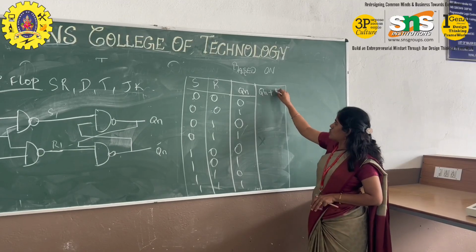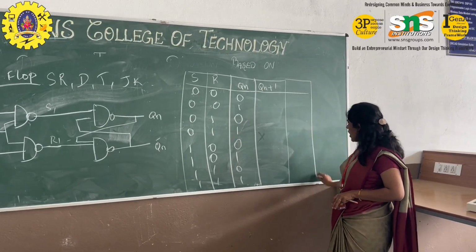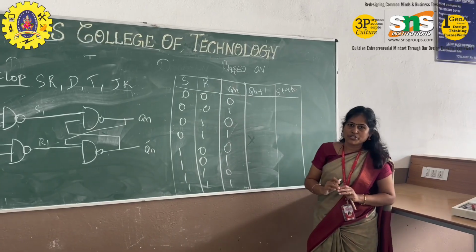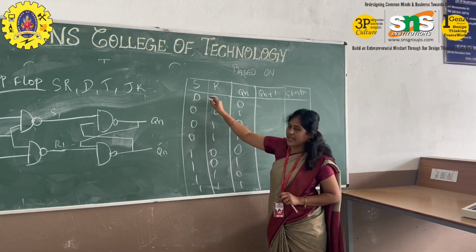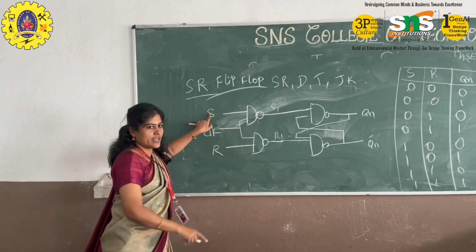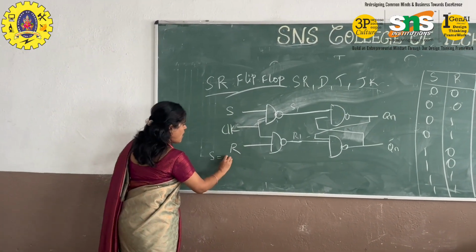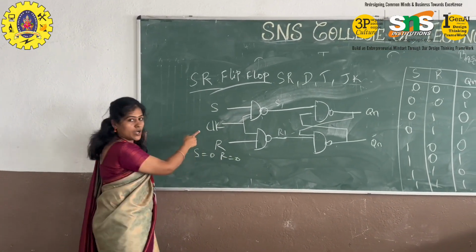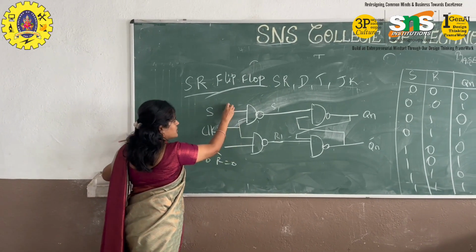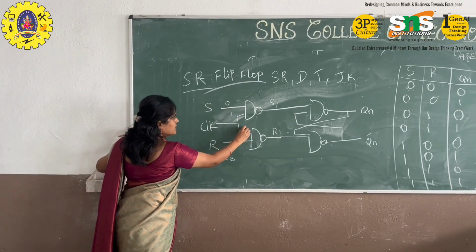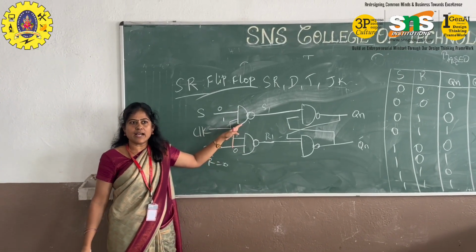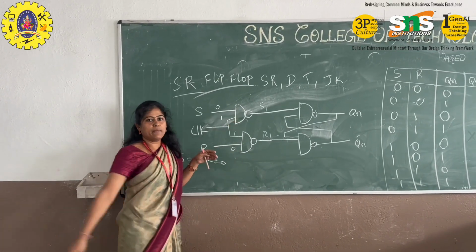Qn plus 1 is the next state, and we will discuss what state occurs. First, take the input 0 and 0. S is 0, R is also 0, and the clock I said will be a positive pulse, so 1 and 1. So here 0 1 and here 1 0. This is a NAND gate, the complement of an AND gate. In an AND gate, both inputs 1 give output 1, and 1 0 gives output 0. But NAND is the complement of AND.